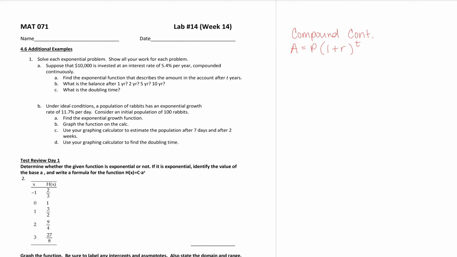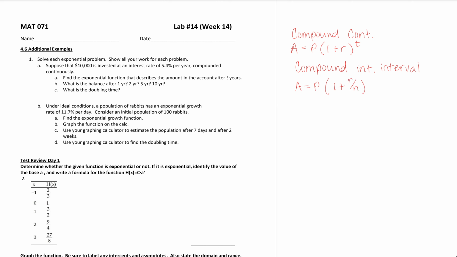When we are talking about compounding interest, but in intervals. So we have compound interest. We'll use an interval of time, intervals. So that's when we use A equals P times 1 plus R over N, right?